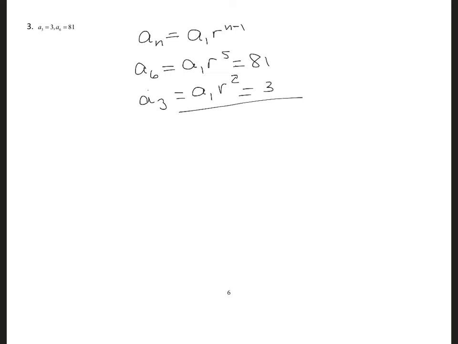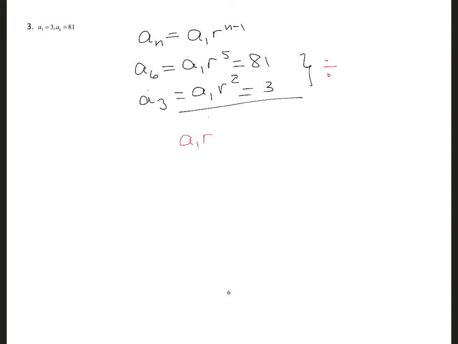So now I see I have a system of equations here that I can solve. And how am I going to solve it? I'm going to divide. Because these are multiplied, I cannot subtract, so I have to divide. So I'm going to write it here.